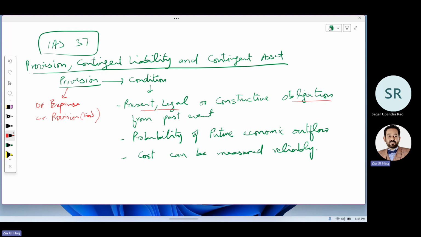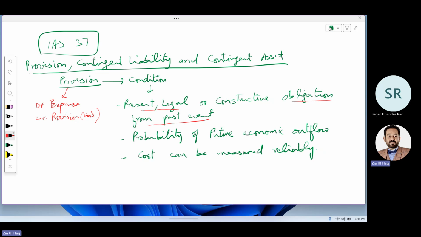You have breached the law, the environmental law, or any other law, and that happened due to a past event, meaning due to pollution, that was the event. So there is a present legal obligation because you have breached the law. If you have breached the law, there are chances you will be facing fines and penalties. So there is a present legal obligation from a past event.